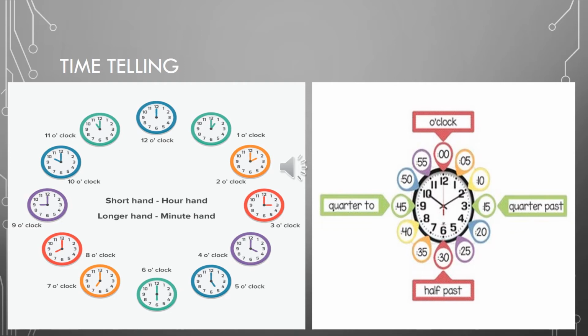For example, the hour hand is on 11, so what will we say? It's quarter past 11. And if the hour hand or the shorter hand is on 7 and the longer hand is on 3, we will say it is quarter past 7.